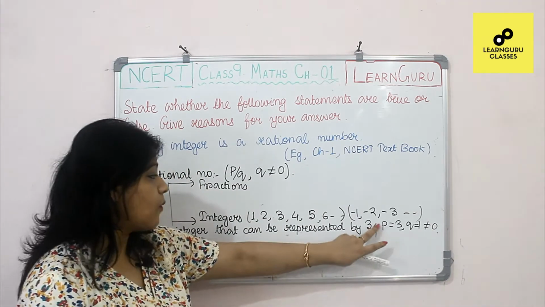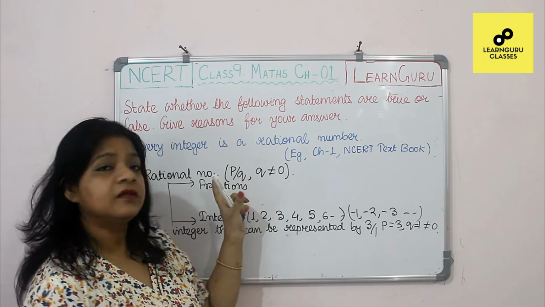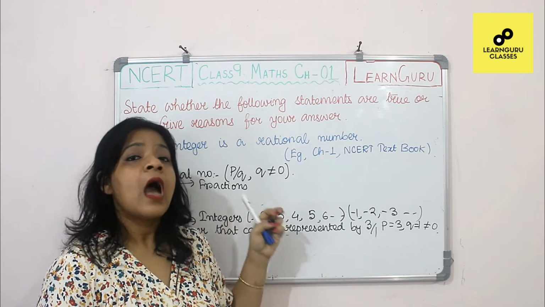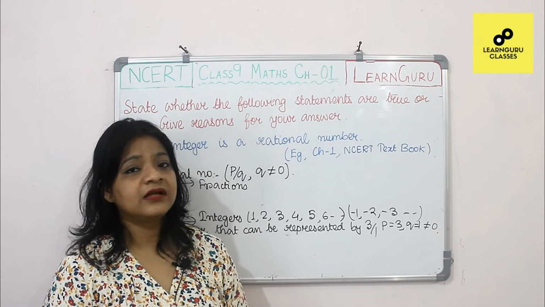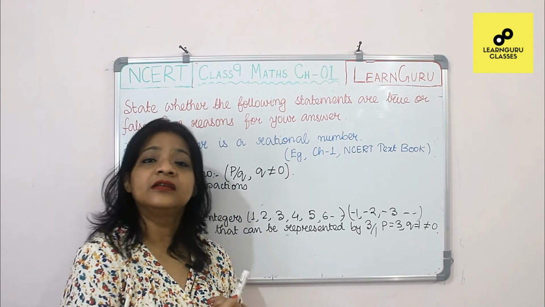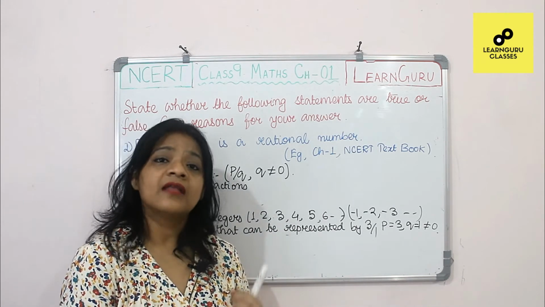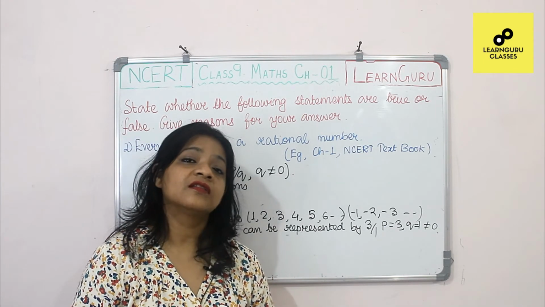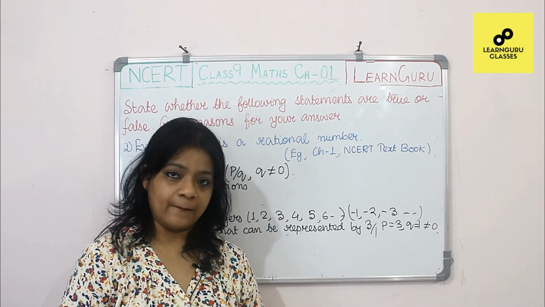So representing 3 as 3 by 1 resembles the expression of a rational number. So whether it is a positive integer or a negative integer, any integer can be expressed in the form of p by q, and since it can be expressed in the form of p by q, we can say that every integer is a rational number.